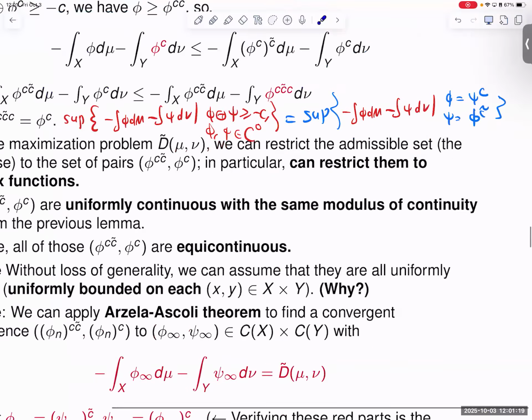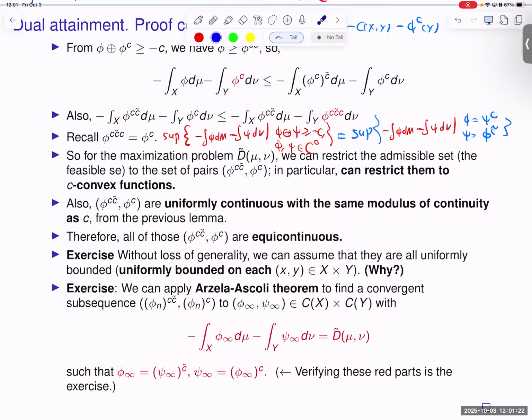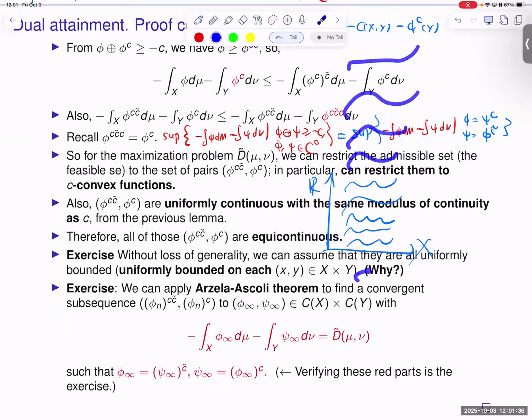So the idea is like this. You have some functions having the same modulus of continuity, but these functions, let's say this is R, this is your space, let's say X or Y, can go to infinity. So you may not have any convergent sequence. But his idea is, for the functions having large values, you just fix one point in your domain and bring all these down by adding a constant.